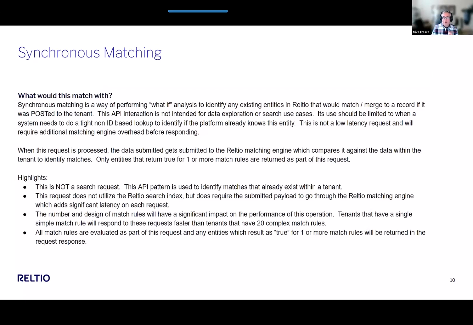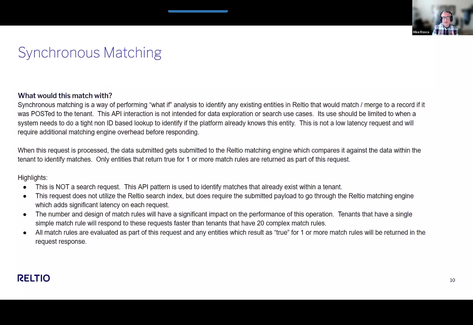So this request is really dependent on your tenant. If you want to start leveraging these APIs for lower latency response times, you can submit the match rule you want to compare it against as part of that payload in order to limit the scope of the comparison and make these things perform faster.